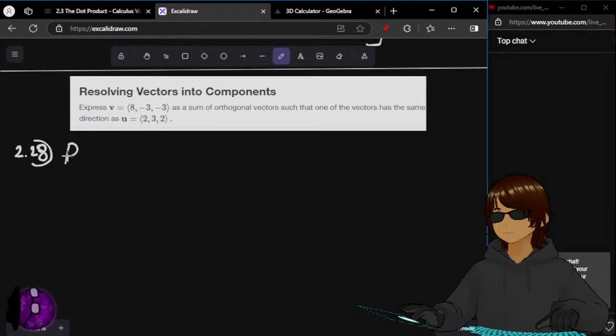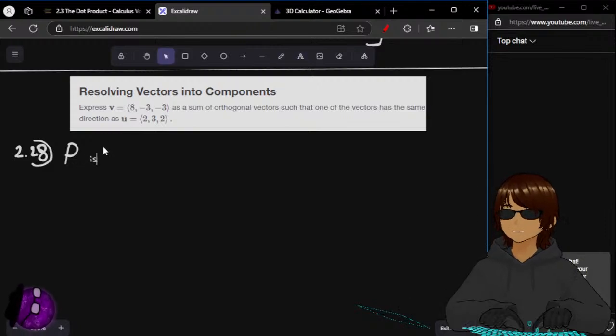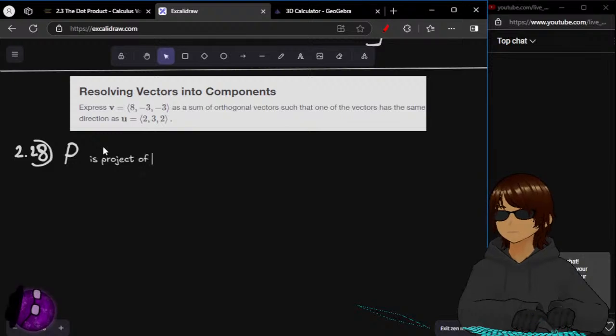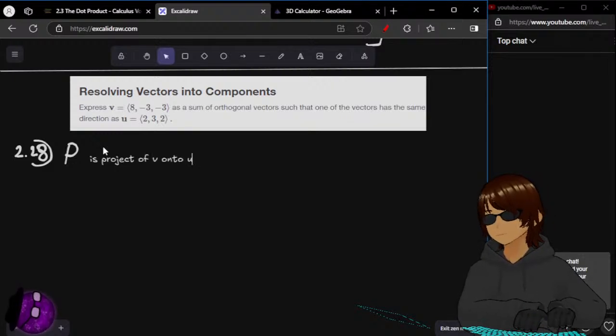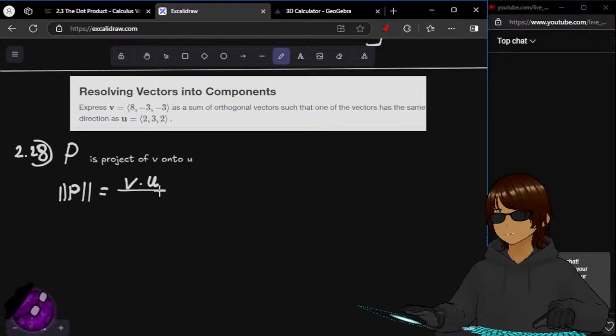So, let's say projection P is the projection of V onto U. Then the magnitude of P is V dot U over this.